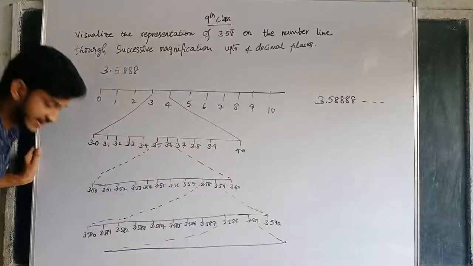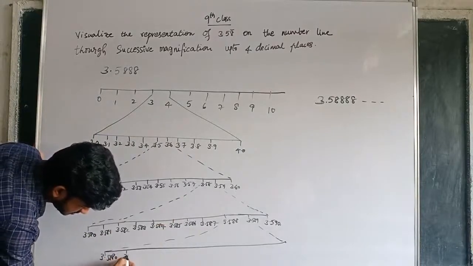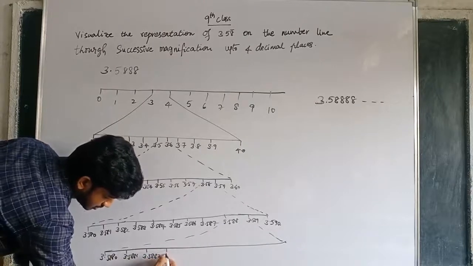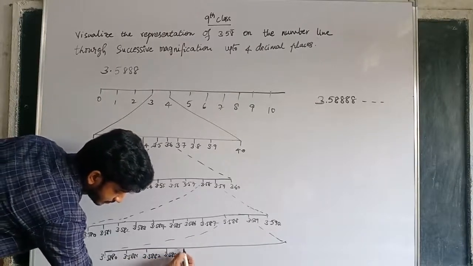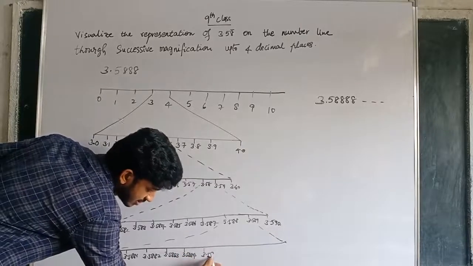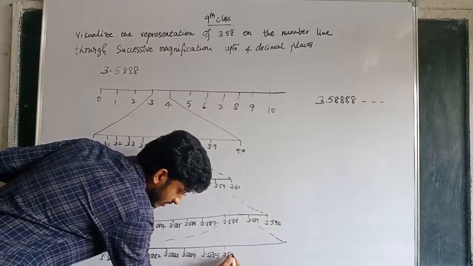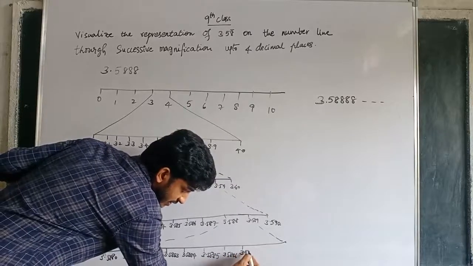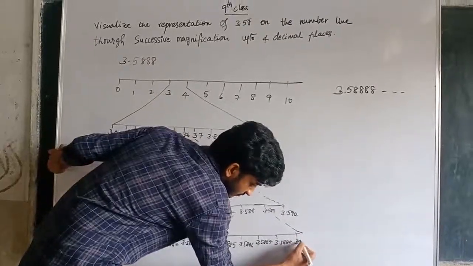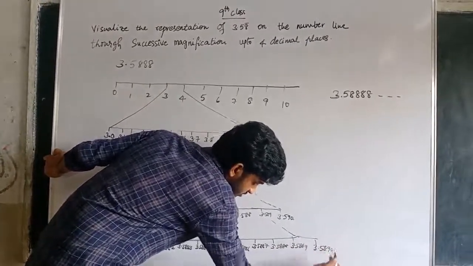So 3.588 means 3.5880. The next numbers are 3.5881, 3.5882, 3.5883, 3.5884, 3.5885, sorry, 3.5885, 3.5886, 3.5887, 3.5888, 3.5889 and 3.589.